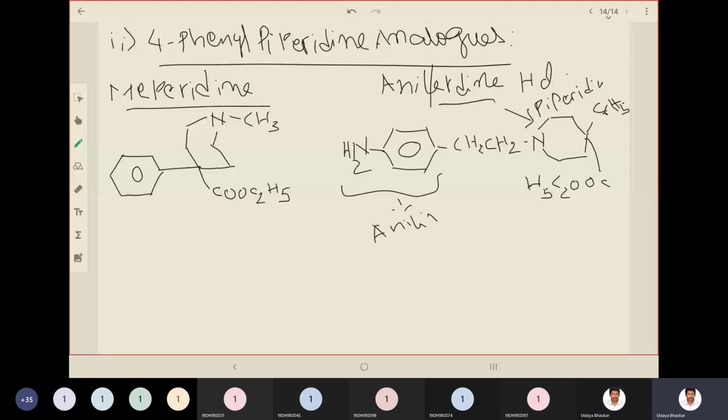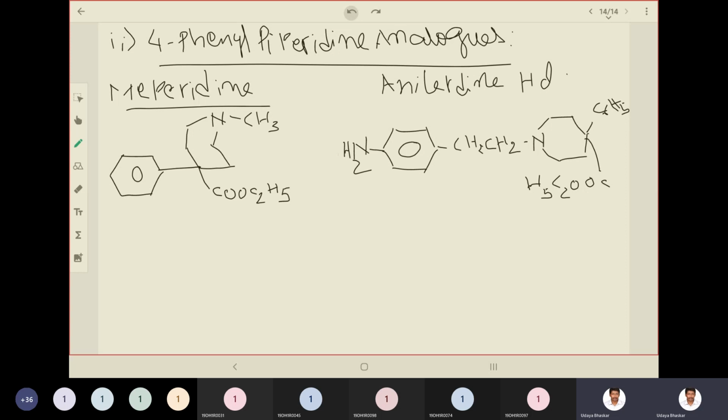So this is the structure of anileridine, and that is the structure of meperidine. Okay. So please do compare it with its name and its analog.